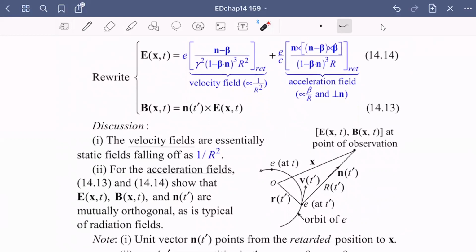Okay, so we will have this one. The first term is related to the velocity field. It depends on 1 over r squared, just like our previous understanding. And the second part is interesting because it depends on beta dot.